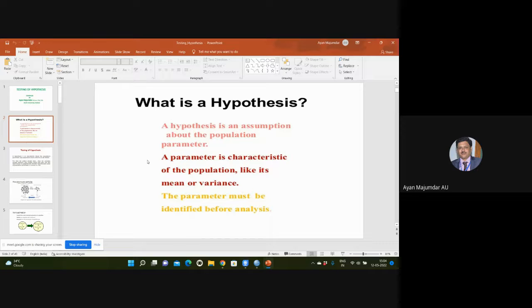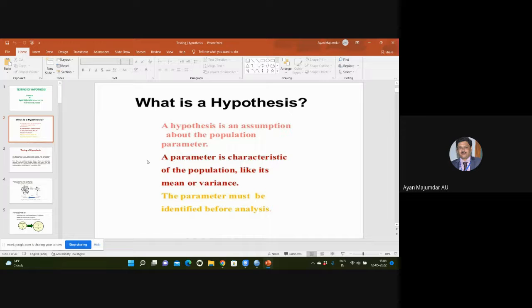For testing of hypothesis, I'll be taking up examples and we will see through SPSS how to do them and how to interpret the results.